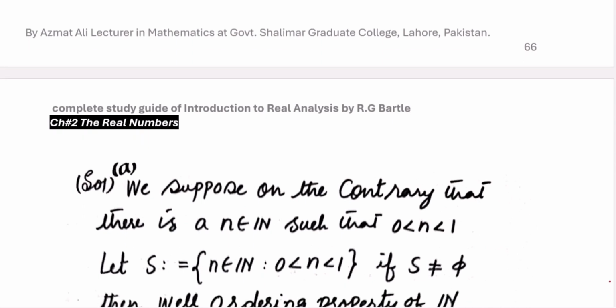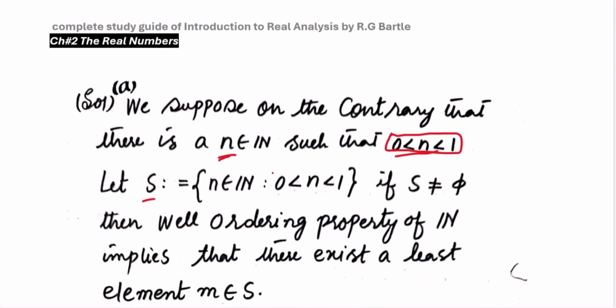So, firstly, to prove that there is no natural number between 0 and 1, we suppose on the contrary there is a natural number n such that it lies in this interval 0 and 1. So, let there be a set S that consists of all those natural numbers that lie between 0 and 1.